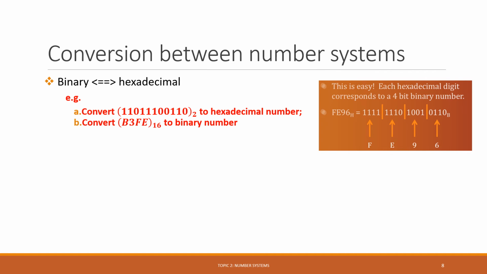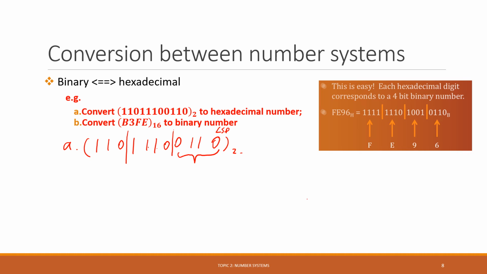Then in order to convert from binary to hex, first we split the binary number by every 4 bits from right to left, basically from the LSB to MSB. Okay, so starting from this bit, count by 4: 1, 2, 3, 4. Then we cut it, 1, 2, 3, 4, split it. Then we convert each 4-bit binary into one hex digit.